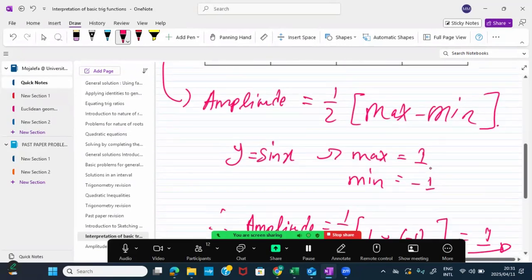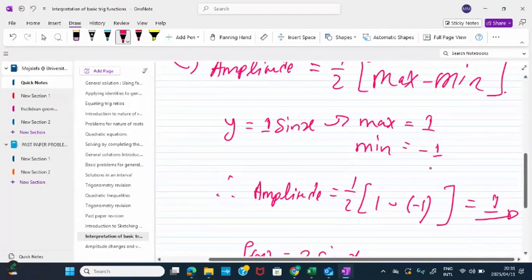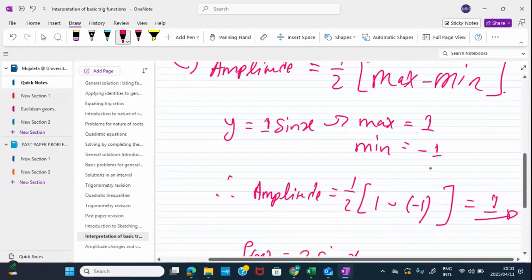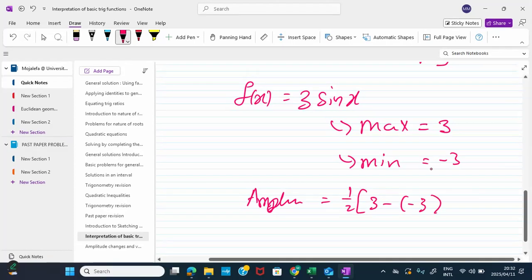Remember, for the last graph, the graph of y is equal to sine x, there was a 1 here. What was the maximum? It was 1. What was the minimum? -1. Now I give you the graph of 3 sine x. What is the maximum? 3. What is the minimum? -3. Then what is the amplitude going to be? Half of 3 minus -3, which is just going to give you another 3.